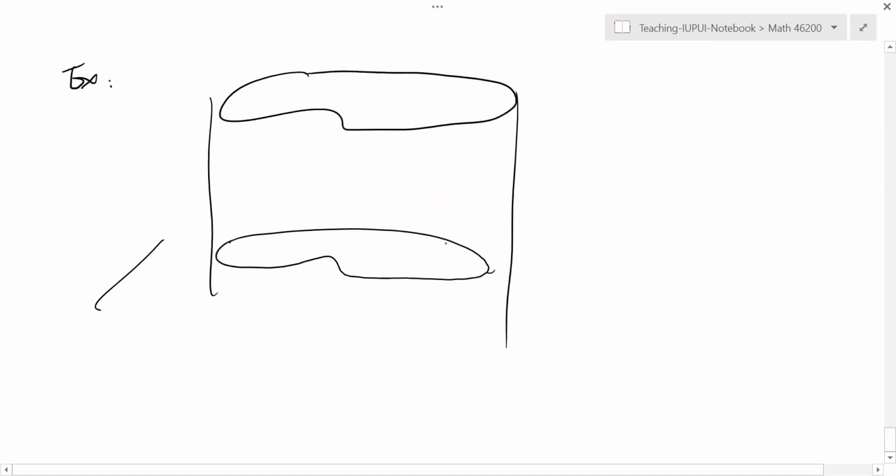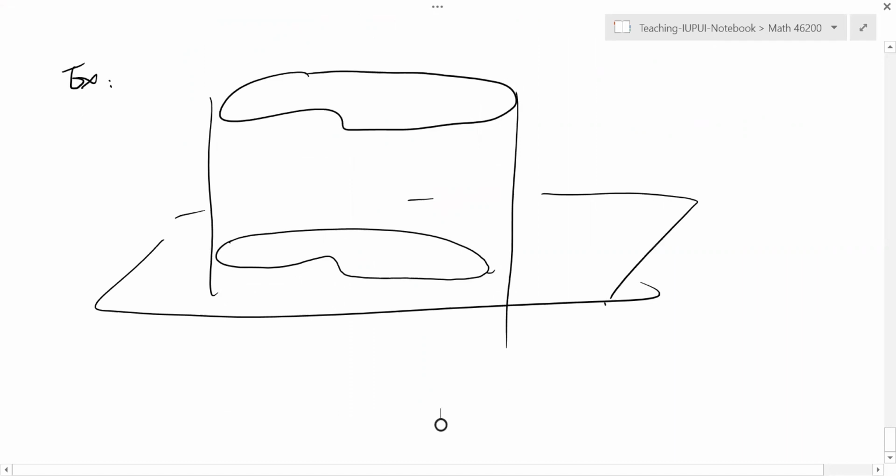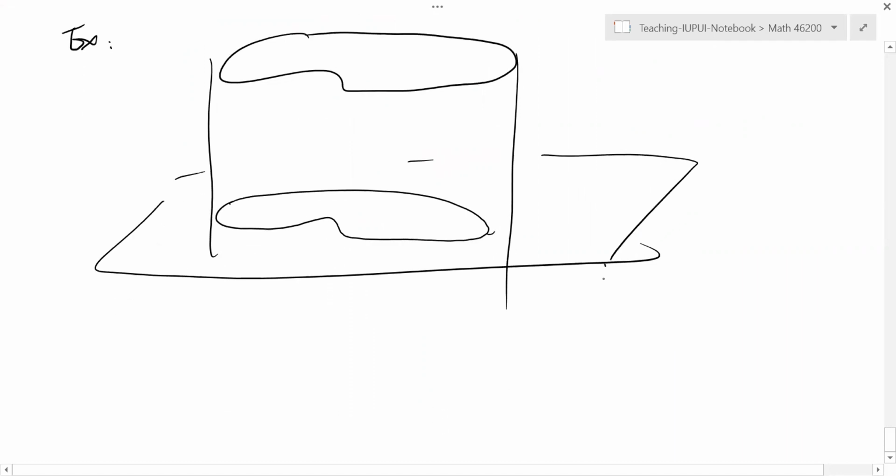Is this a normal section? The normal vector to this cylinder and the normal vector to the plane are always perpendicular.